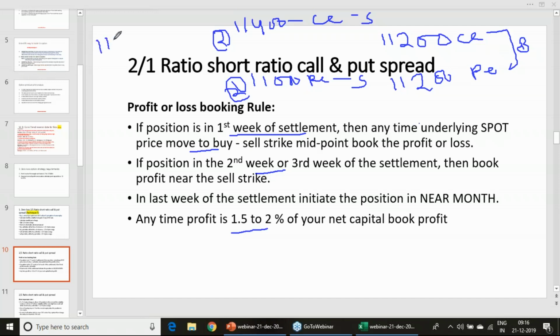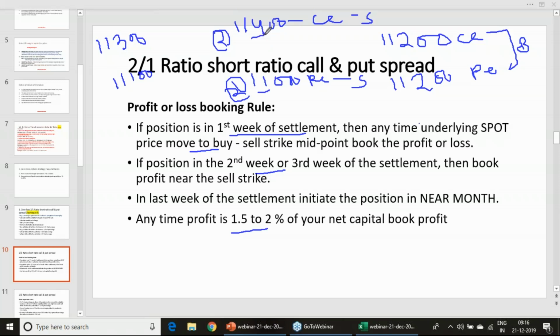So if the price comes to 11,300 or 11,100, you should book the profit and loss, whatever the situation is, and come out. If you are in the second week, then wait till 11,000 or 11,400.